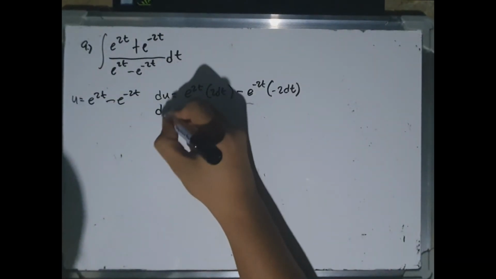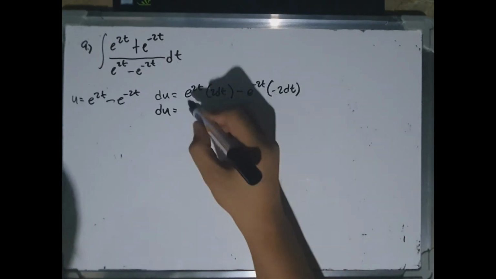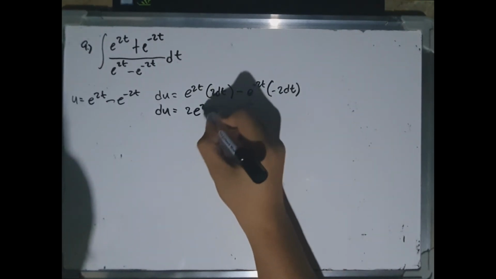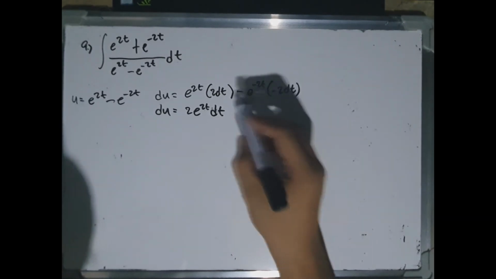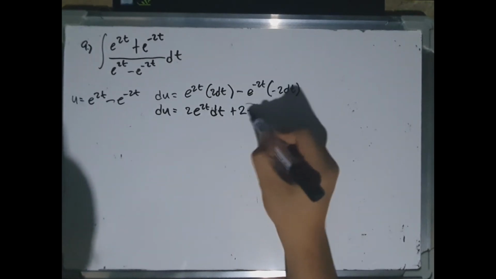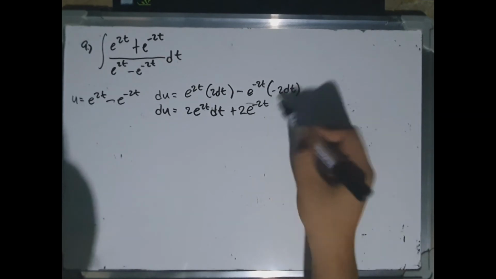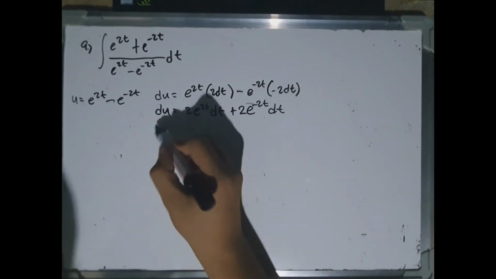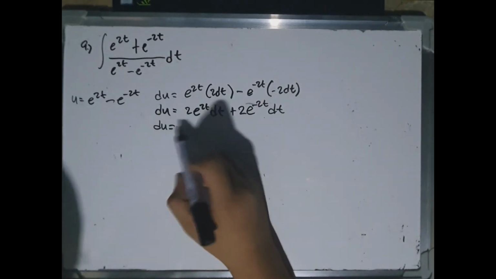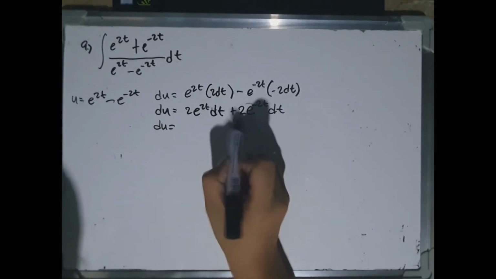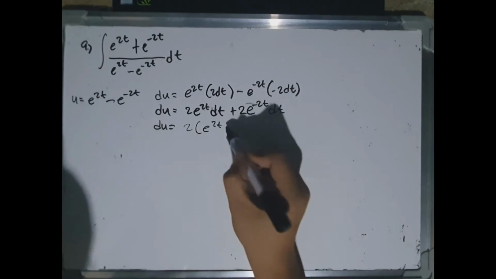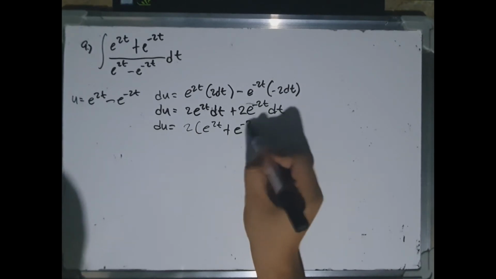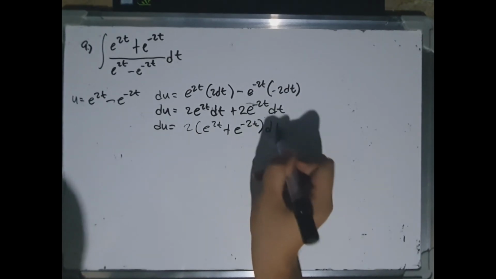Now the du will become 2 e raised to the power of 2t dt, negative negative, so we have positive 2 e raised to the power of negative 2t dt. Let's simplify this once more, factoring out 2 and the dt: e raised to the power of 2t plus e raised to the power of negative 2t times dt.